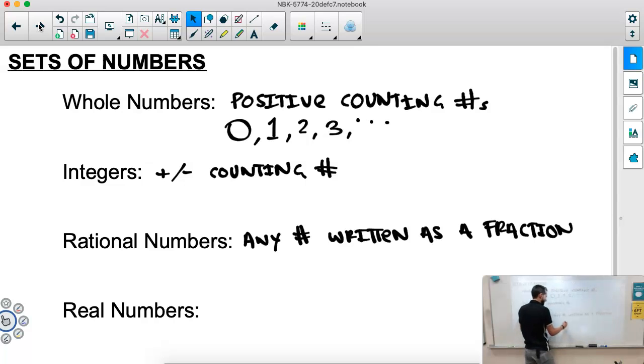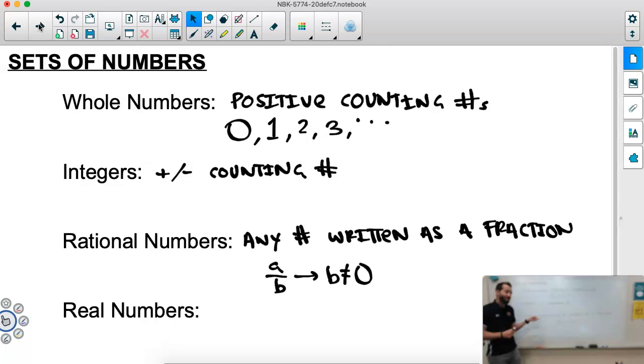Okay, and the fraction would be a over b, and b cannot equal 0. And another way to say this, rational numbers can include decimals, right?